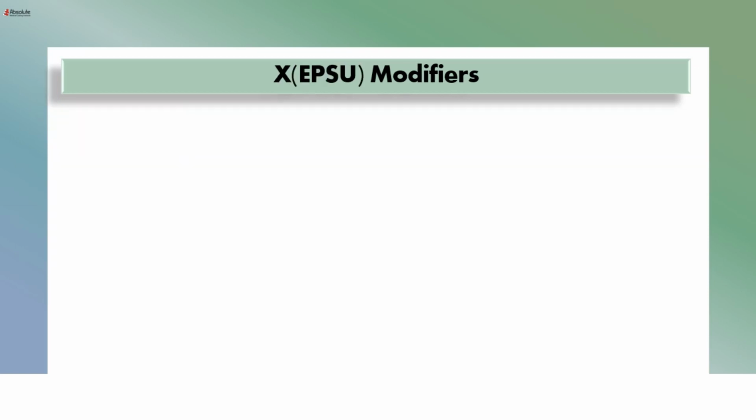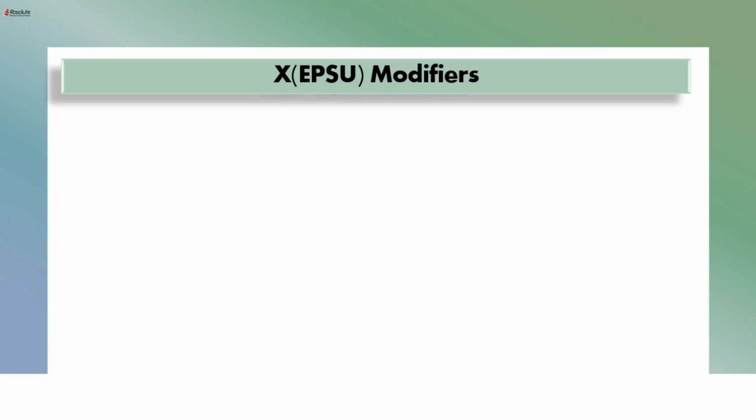So let's take a closer look at our X modifiers. Now, about 6 years ago, I think it was 2015, Medicare implemented these X modifiers, and they had the idea in mind that the usage of these modifiers in lieu of modifier 59 would help to reduce overpayment errors.